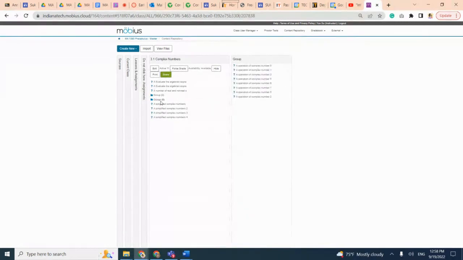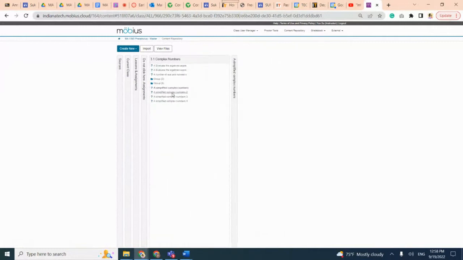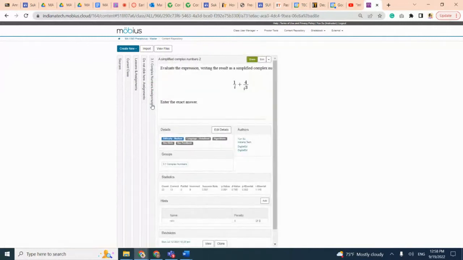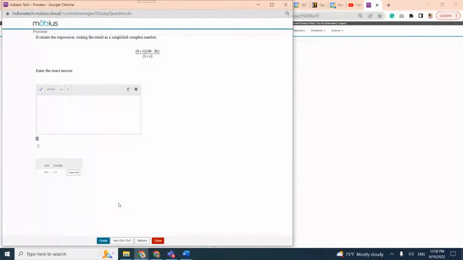And simplify complex number. No, not this one. This one. Okay, let's see. Okay, 26. So 26 minus 26 times i.